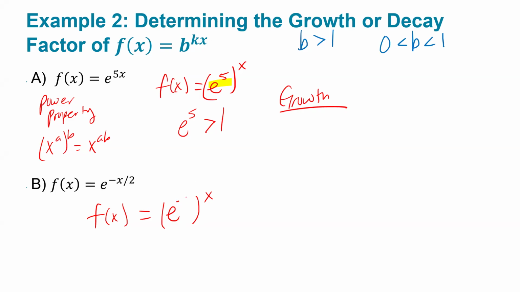So if I take out the x, then Casper has to pop up. No variable is actually ever by itself. Casper the friendly 1 is always there. Okay, so now we have e to the negative 1/2 times x, to the x power. So this time our base is e to the negative 1/2.